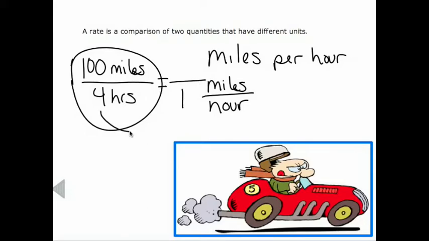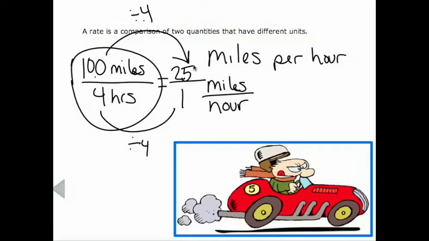To get from 4 to 1, we divide by 4. So to get from 100 to this, we need to divide by 4. So 100 divided by 4 equals 25. So this car was going 25 miles per hour.